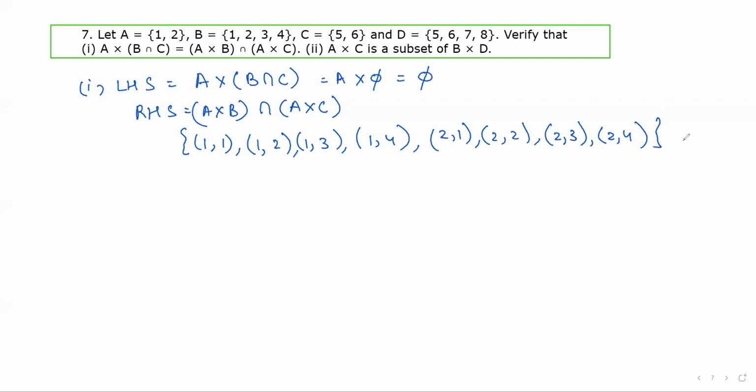This is your first set. Intersection, second set A cross C. A cross C is (1, 5), (1, 6), (2, 5), (2, 6).